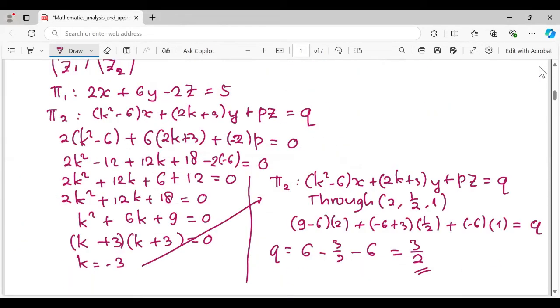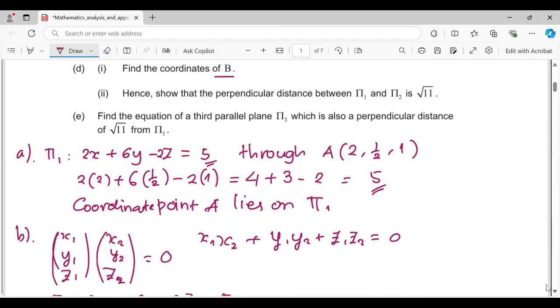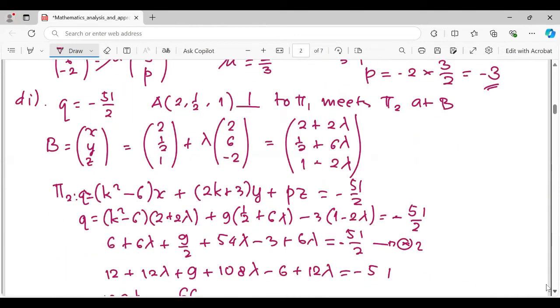What else? E, find the equation of a third parallel plane pi 3, which is also a perpendicular distance of square root 11 from plane pi 1.